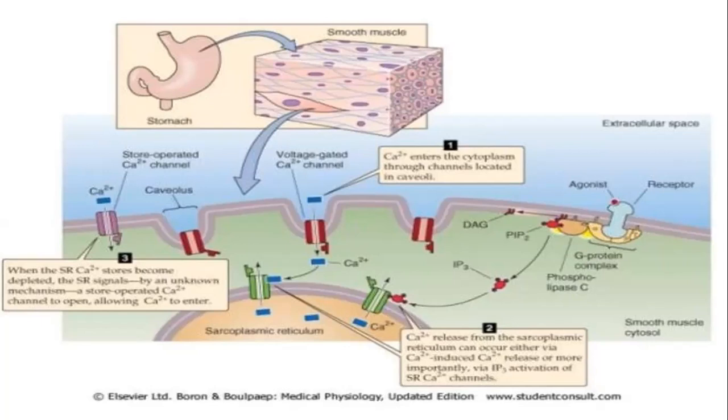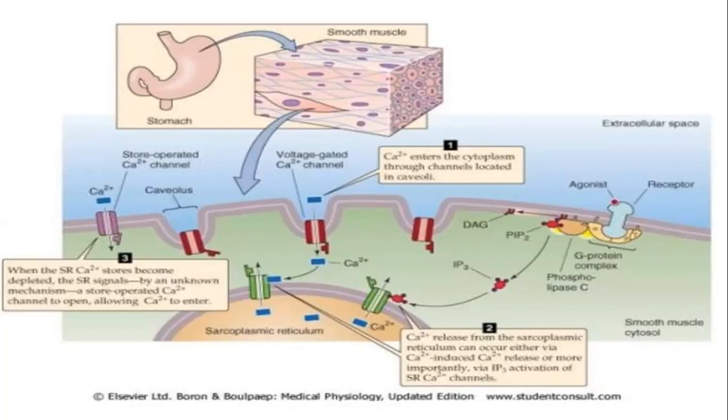It doesn't need to be activated. But the troponin tropomyosin complex keeps the active site of the actin filament covered. So the myosin head cannot get attached with the active sites of the actin filament. So the contraction in the cardiac and the skeletal muscle is said to be thin filament regulated.